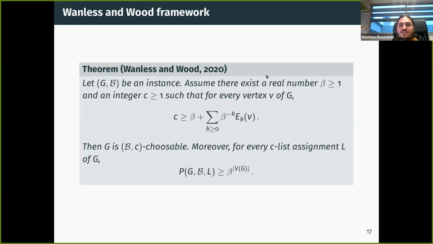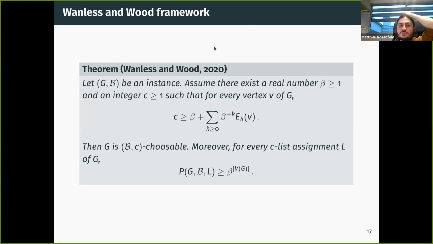Van Lies and Wood managed to give a framework. It's not as general as the Lovász local lemma, but you can apply it to all the problems that I've mentioned. You can prove them using their framework, more or less. Maybe not all of them, but at least the two I did. So this is really nice.